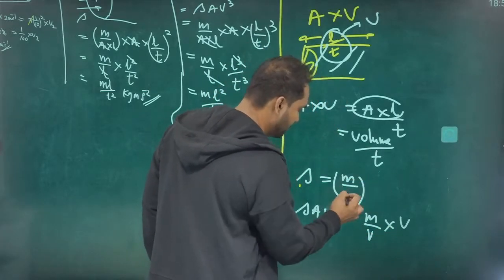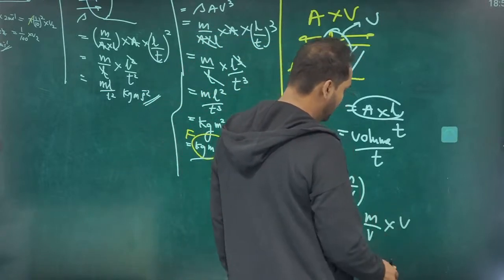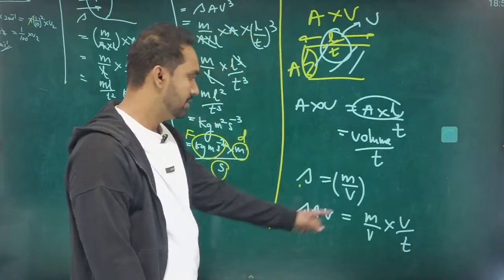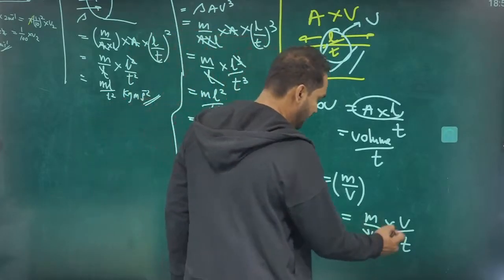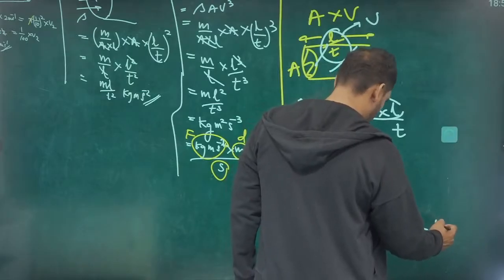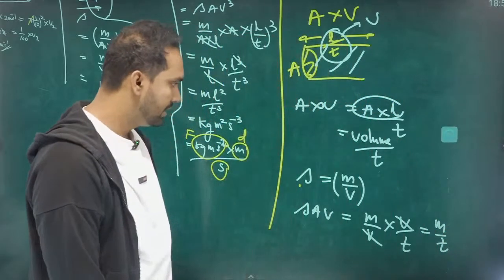Density is mass over volume. And if you multiply rho with AV, rho AV is actually mass over volume multiplied by volume over T. So volume cancels out. Rho AV is basically mass over time, as we took it before, right?